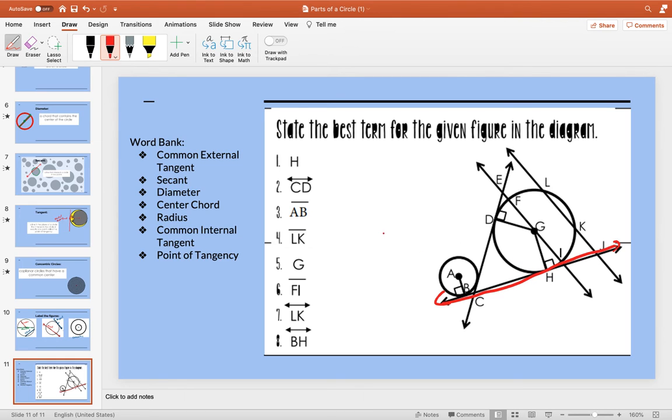That would be BH, excuse me. BH is the common external tangent right there. Let's see what else we got here. Point H, that is right here, that is a point of tangency.